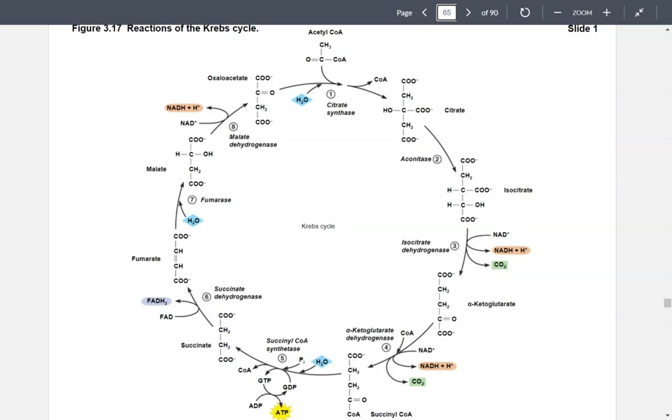We're going to add in a water and fumarase, and that will give us malate. Malate, we're then going to have malate dehydrogenase, and that will convert it to oxaloacetate and give us another NADH plus H plus. We'll add in our water, and we are back to where we started.